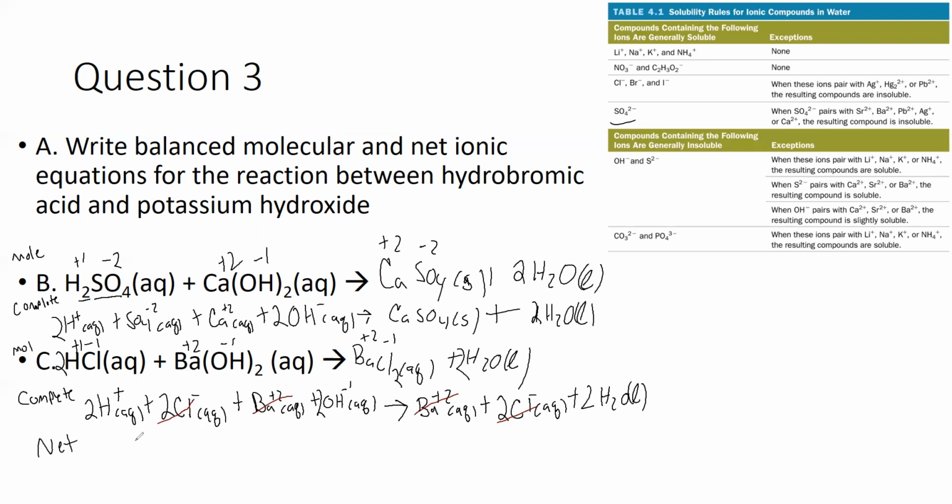And then you get our acid-base equation, 2H plus aqueous plus 2OH minus aqueous makes 2 water molecules liquid. So that is your net equation. Again, it's the classic acid-base equation where you make water. Any questions about that while I let my dog out before she starts going insane?